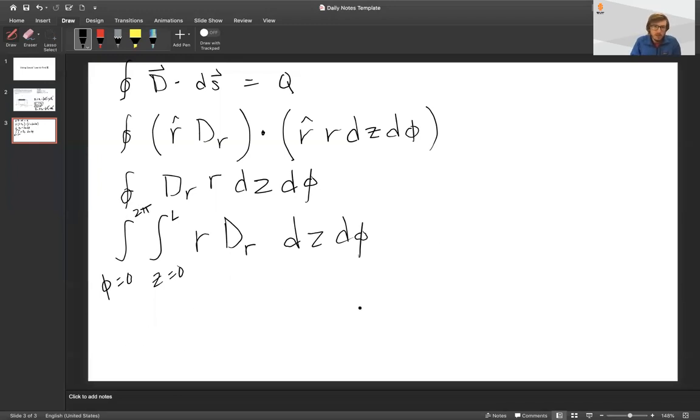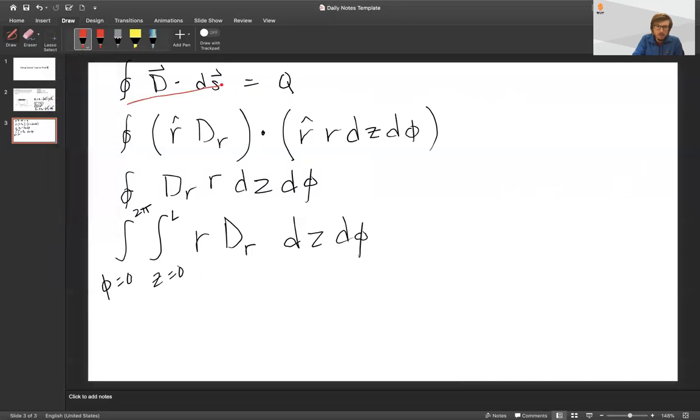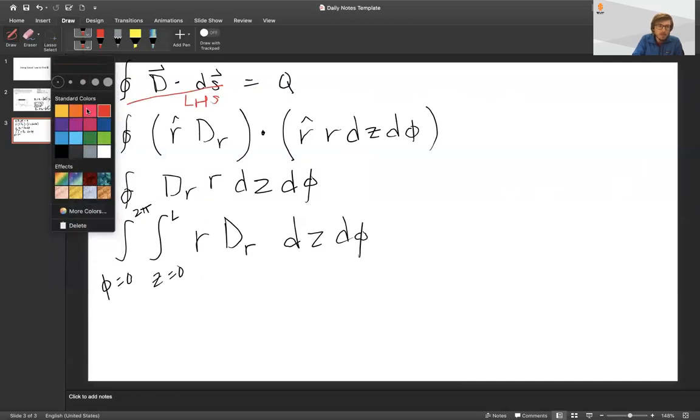So solving the left-hand side of the equation, we can arrive at an expression for the magnitude of the electric field in the direction that we know it varies.